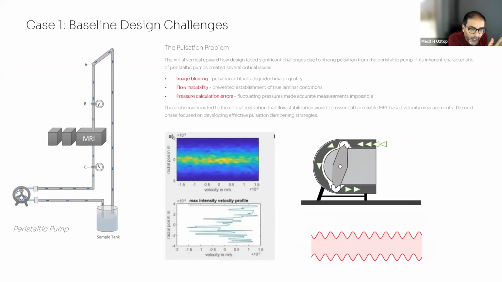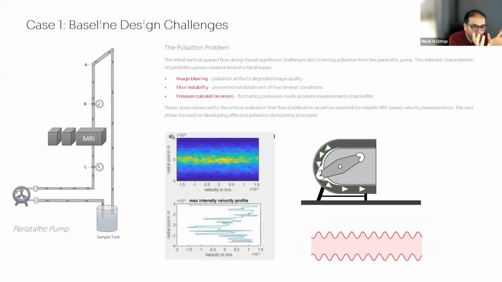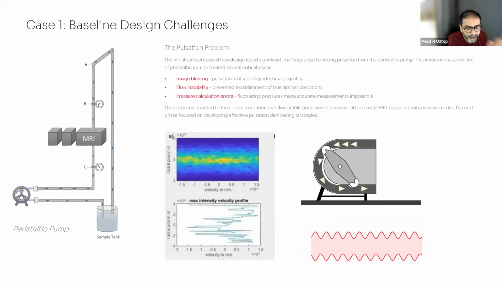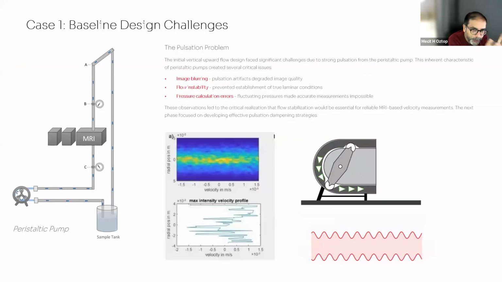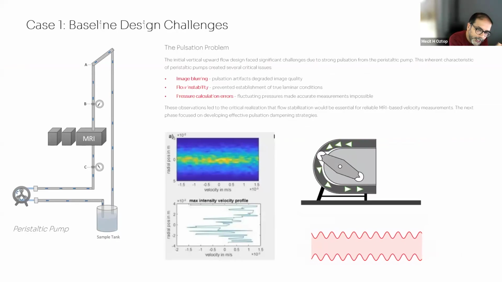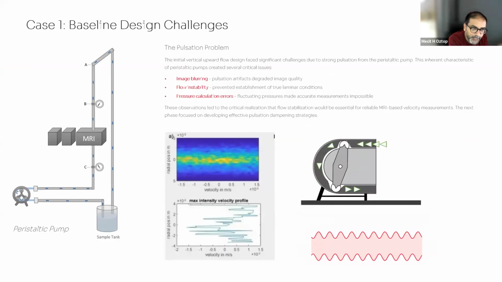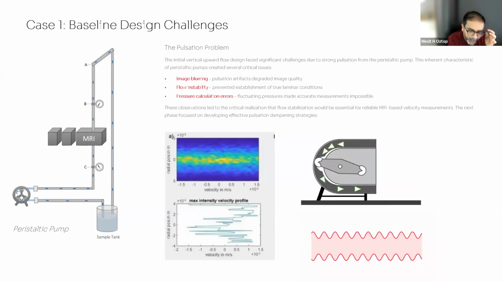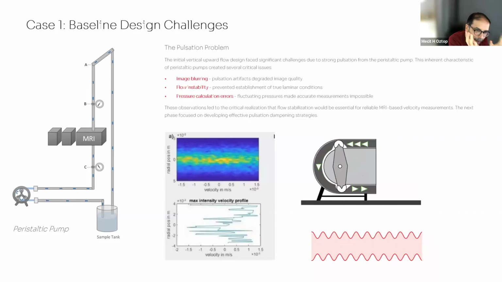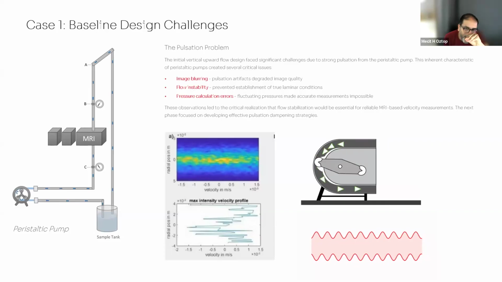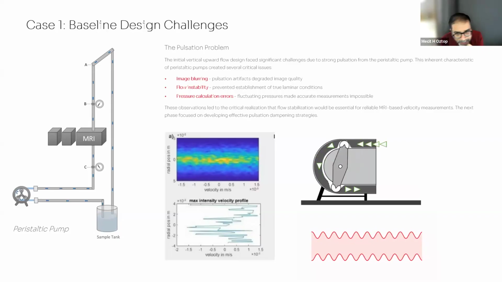Whenever you are doing a flow imaging system, you are working at low flow rates. And in order to work with low flow rates, usually you use a peristaltic pump. But when you use a peristaltic pump for imaging purposes, peristaltic pumps usually have a pulse. Here you see how the pulses of the peristaltic pump look.